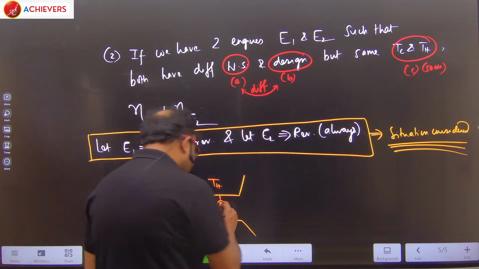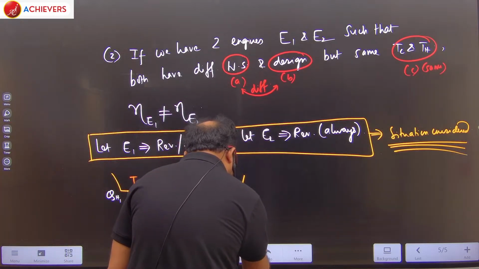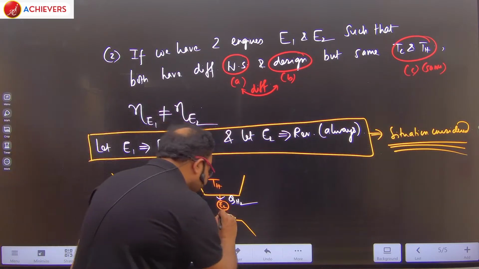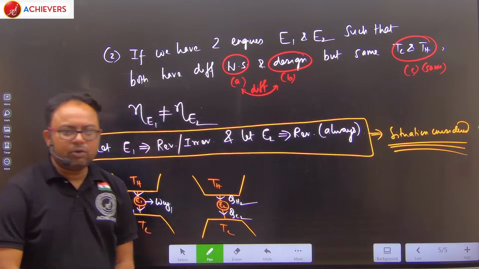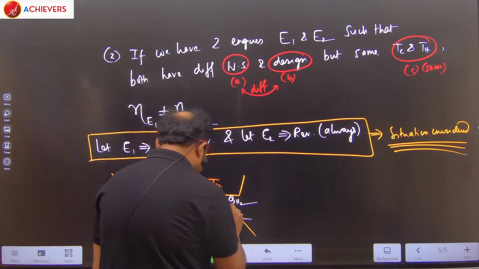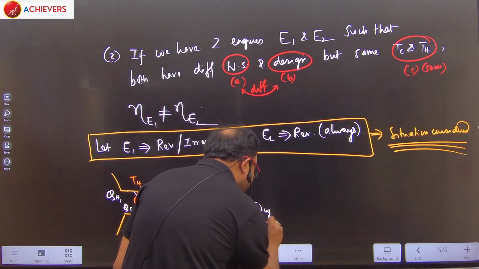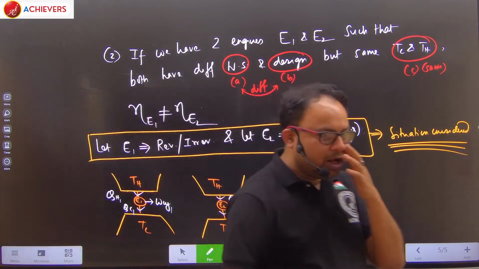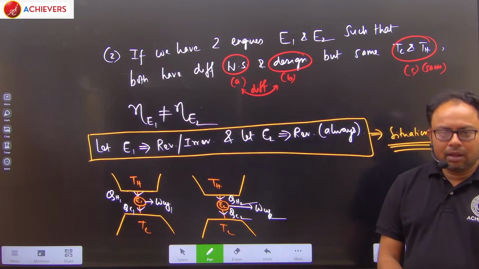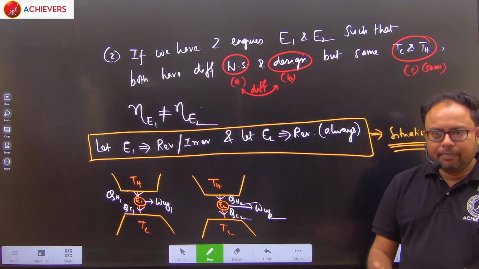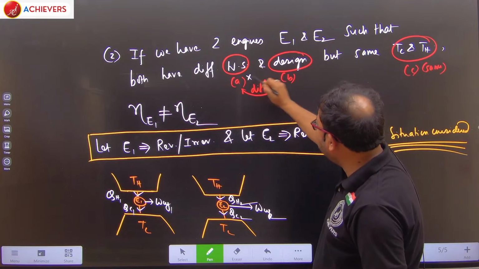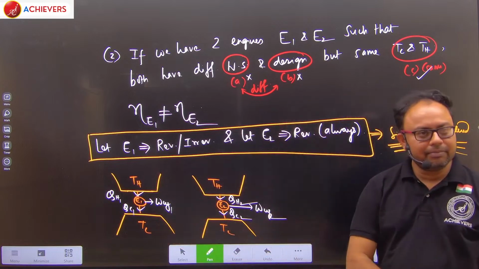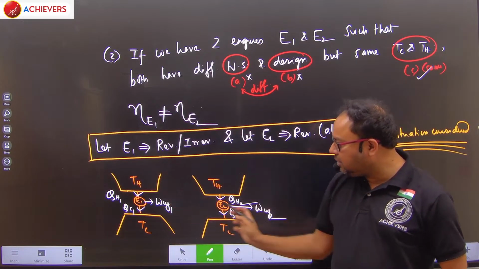And for this case, you have QH2 amount of heat withdrawn from the hot reservoir, QC2 amount of heat transferred to the cold reservoir, and W cyclic 2 is the work done by the system, E2. Okay. So A is different, B is different, but C is same. So same TH, same TC. Two different engines, E1 and E2.